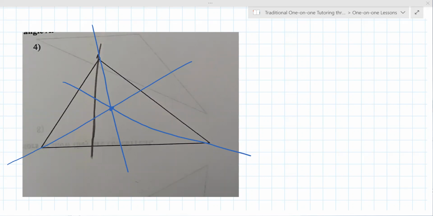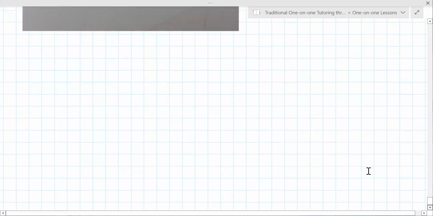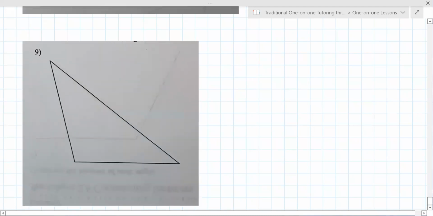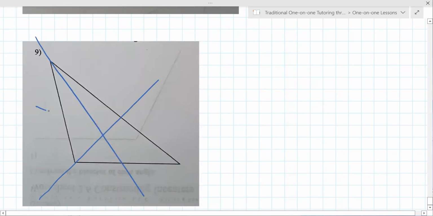But we can quickly do 9 or 10. So for 9, it's the same thing. You're supposed to find those 3 angle bisectors, and then that gives you the center of a circle.